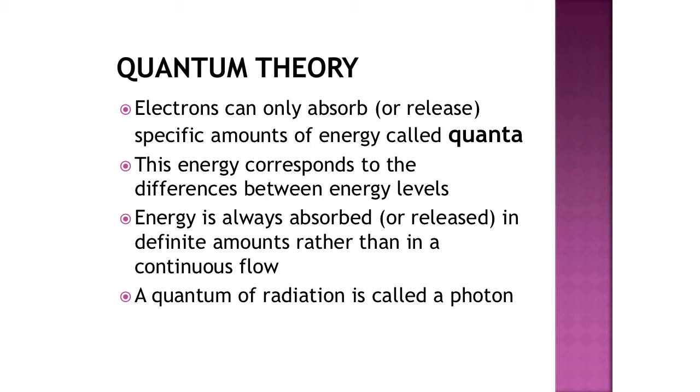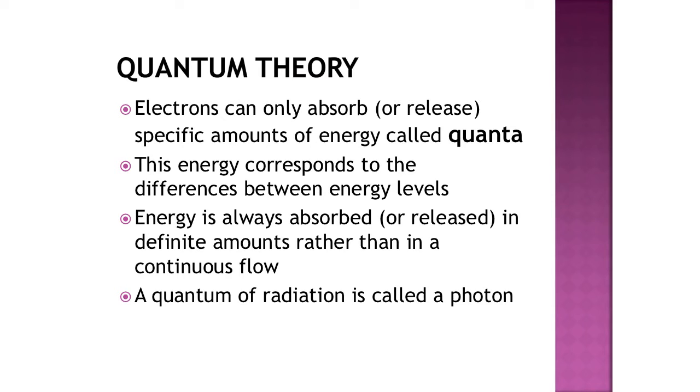So quantum theory says that electrons can only absorb and also release specific amounts of energy called quanta. And these would correspond to the difference between energy levels. So for example, let's say we have aluminum.